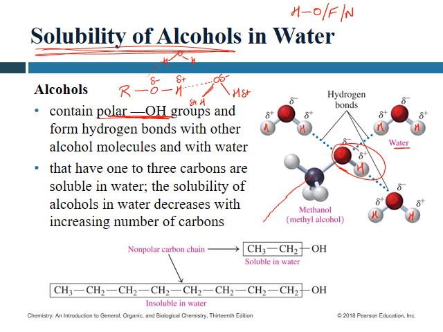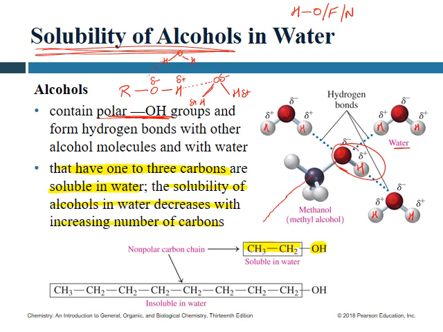Okay, what does that mean? The alcohols that have 1 to 3 carbons are soluble in water. The solubility of alcohols in water decreases with the increasing number of carbons. This one has a 2 carbon chain and 1 OH group, so this is soluble in water.